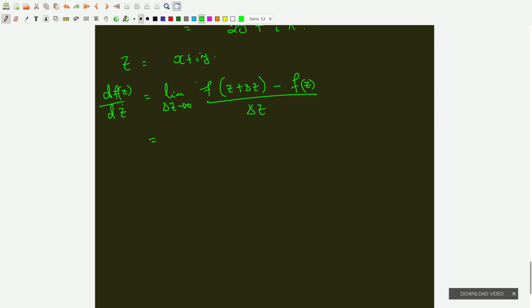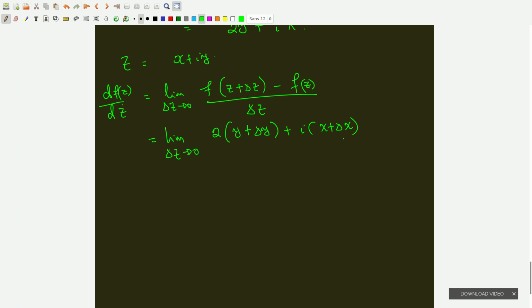So what do we have here? We are going to have limit as delta z approaches 0. So f of z plus delta z is going to be 2y plus delta y, then plus i into x plus delta x.